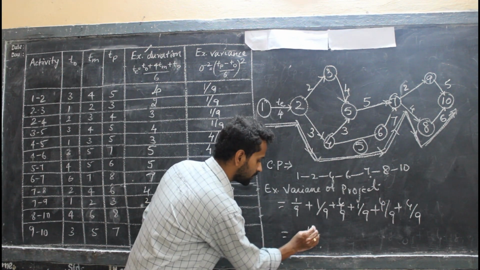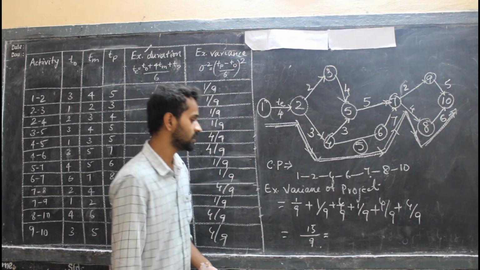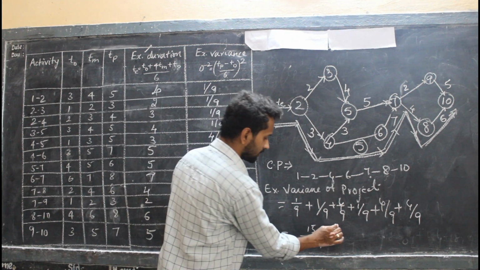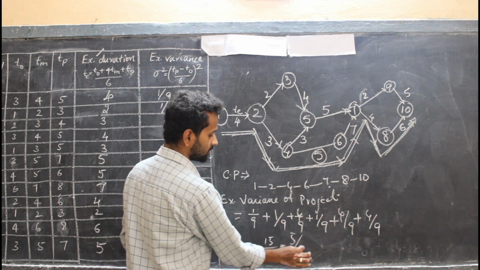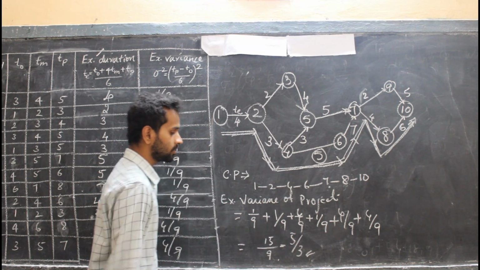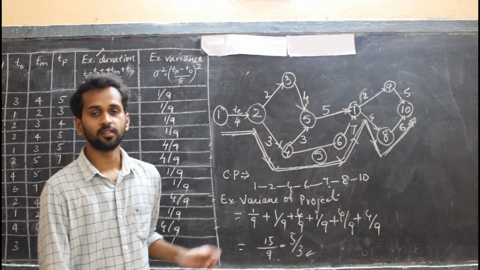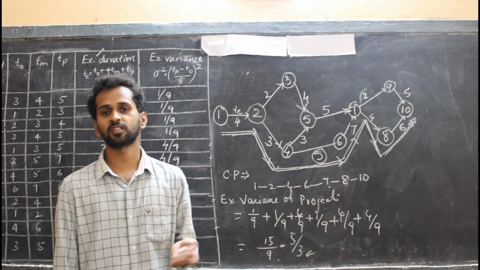That becomes 15 by 9, which is the expected variance of the project. You can simplify that further as 5 by 3. So 5 by 3 is the required expected variance for this project.